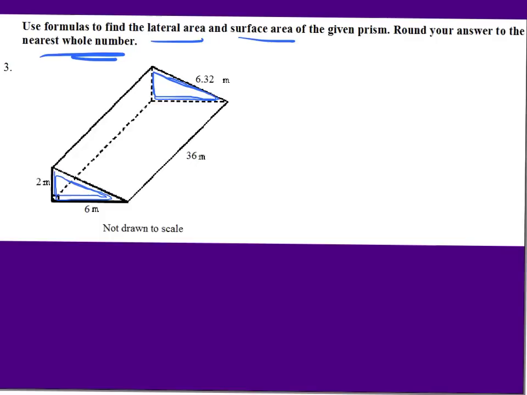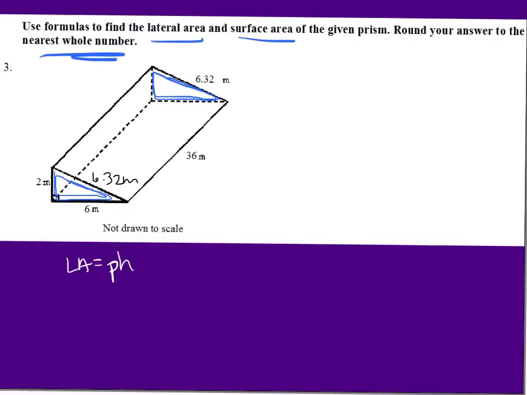I do start out the same way. I know that my lateral area is going to be my perimeter times my height. Now in order to find my perimeter, I need to recognize that I do have my two measures here for my legs, but the hypotenuse they didn't give me right here, they gave it to me over here. But I know that's going to be the same value, so I'm just going to write 6.32 meters in there as well.